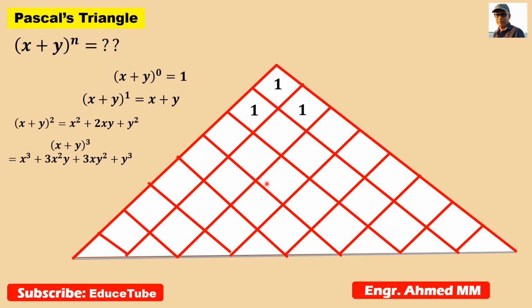A coefficient of a term may be obtained by adding two adjacent coefficients. Say here, adjacent coefficients 1 and 1, immediately above this.